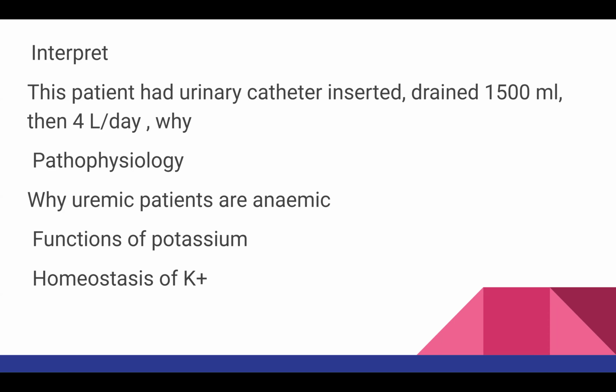Then there could be bone marrow fibrosis seen in osteitis fibrosa cystica. Then there could be toxicity to bone marrow due to uremia, and there could be red cell fragility due to uremia, leading to anemia.